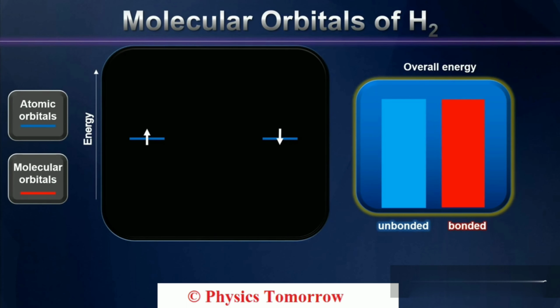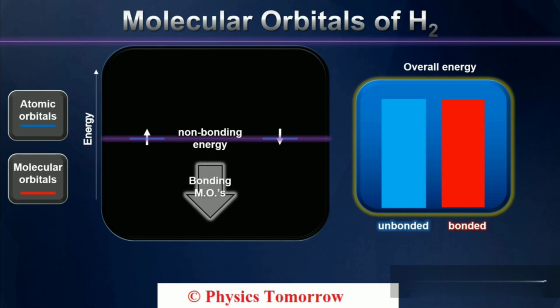In order to fully understand the molecular orbitals of an H2 molecule, we have to plot them in terms of energy. So here in this depiction, I've shown the 2 atomic orbitals here as these lines in blue. That will be our non-bonding energy. Unless there's an energetic benefit to forming molecular orbitals, these 2 atoms aren't going to get together and do that. So bonding molecular orbitals will be lower in energy, and antibonding orbitals will be higher in energy than this purple line that I've drawn.